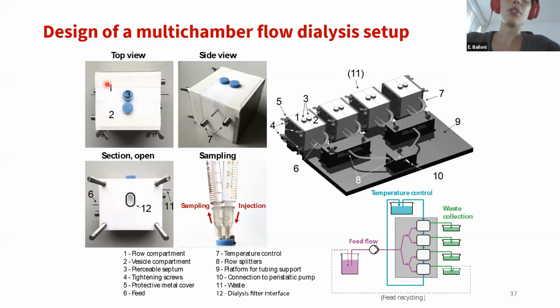So a chamber is composed of two subunits, number 1 and number 2 in the picture, and each of them contains a chamber, and there is at the interface a filter that is applied vertically. You can appreciate this better in the image below. There is a hole, the interface, and here the dialysis filter is applied.